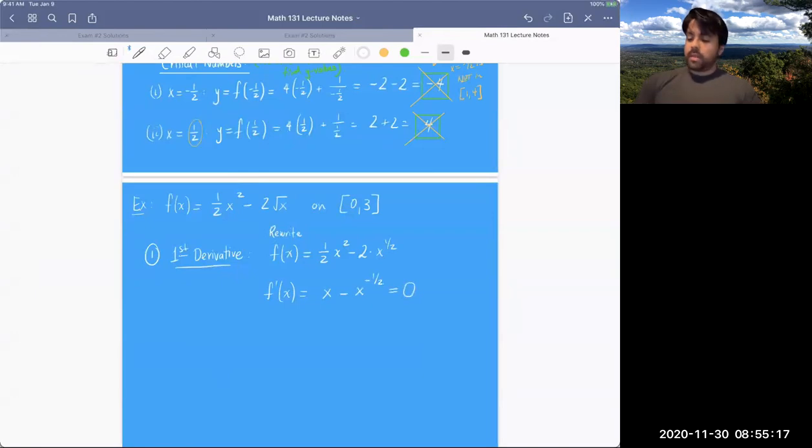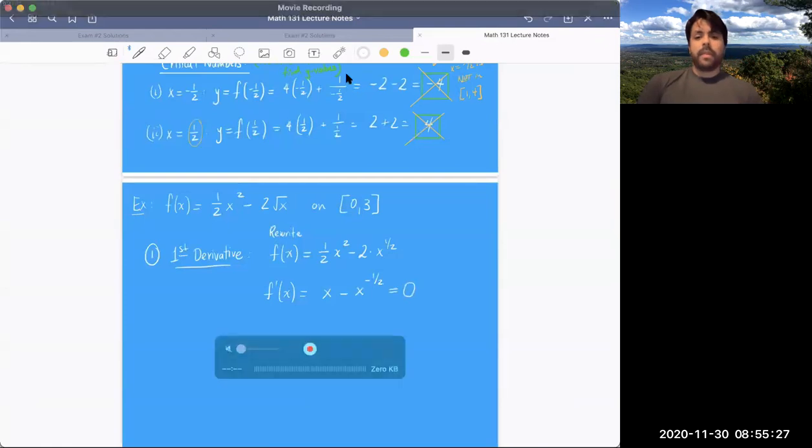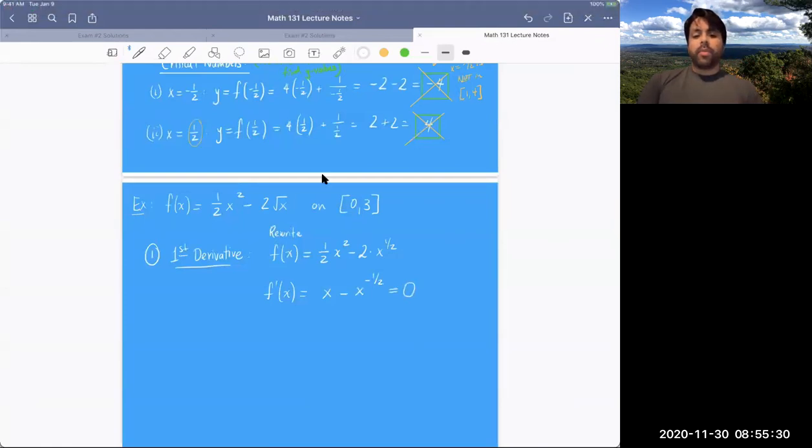How do I solve this? You see how things get a little complicated now? How do we solve this? A little crazy, right? Looks a little scary.